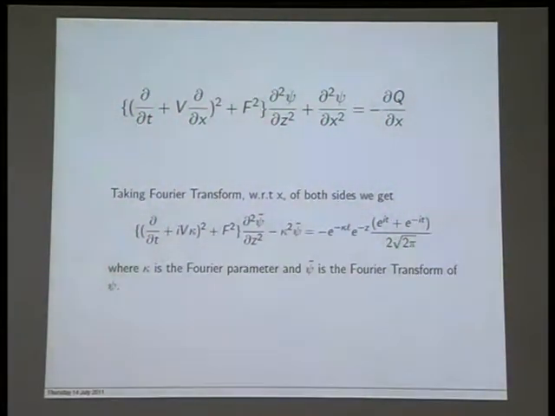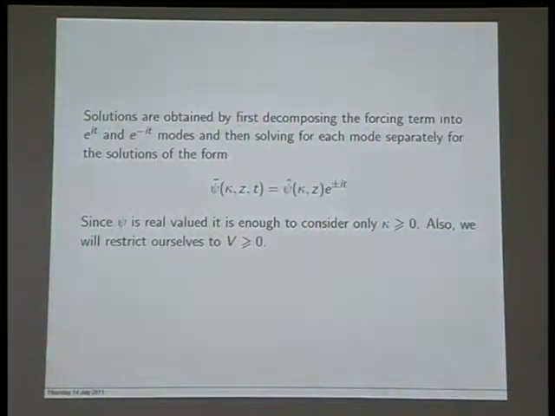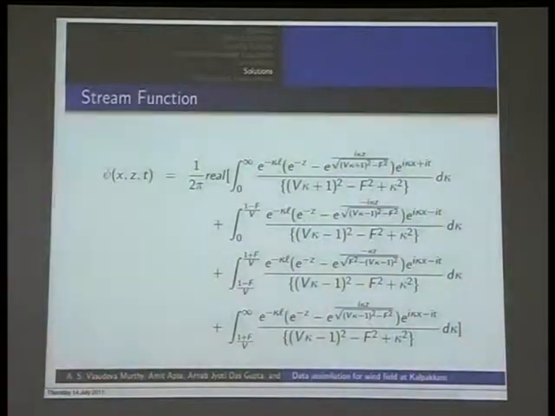And again, using separation of variables, we look for solutions of psi tilde, which is a 2-point boundary value problem in Z. So you have a coefficient multiplying d square psi by Z. We didn't write that down, but you get a 2-point boundary value problem from Z equal to 0 to infinity for psi hat, and you use the Sommerfeld radiation condition to kill exponentially growing solutions at infinity, and for psi tilde you can get that. And then finally you have this expression for the stream function.